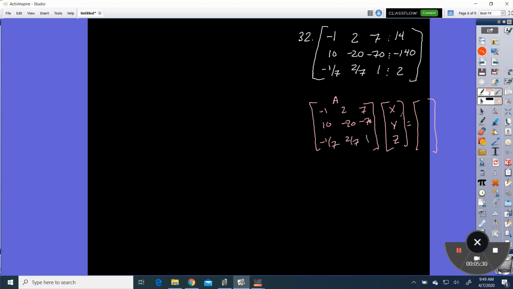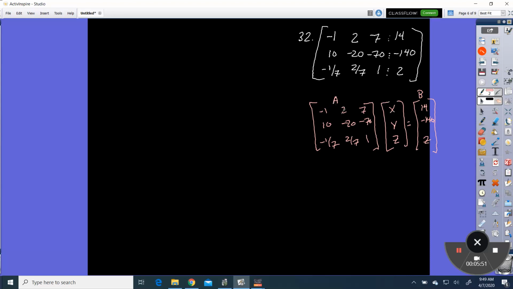And you'll learn how to multiply these later. But you'd find out you'd get three equations that look like this. And over here's our answer matrix. Okay. We call this matrix B, we call this matrix A, and this is our variable matrix.